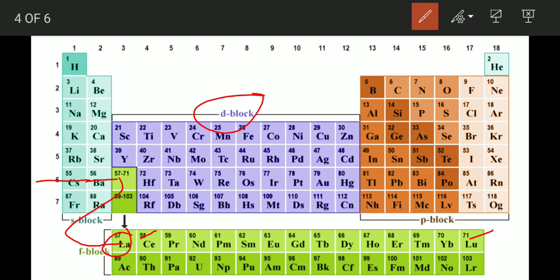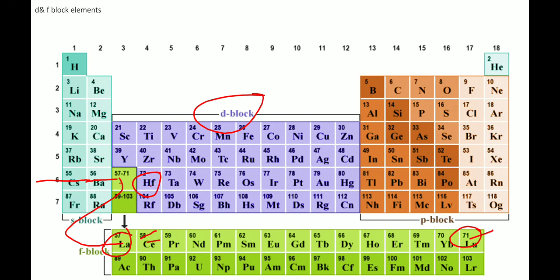So these 14 elements are 58 to 71. After this comes hafnium, that is 72. So in between lanthanum and hafnium, these 14 elements will come. That's why the atomic numbers go from 57 to 71 here, and after that 72. This electronic configuration I have shown in the previous slide.